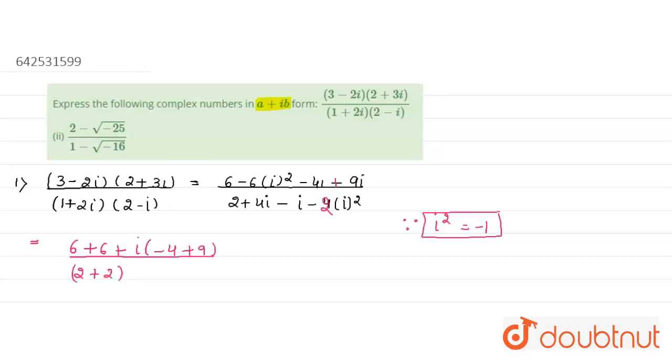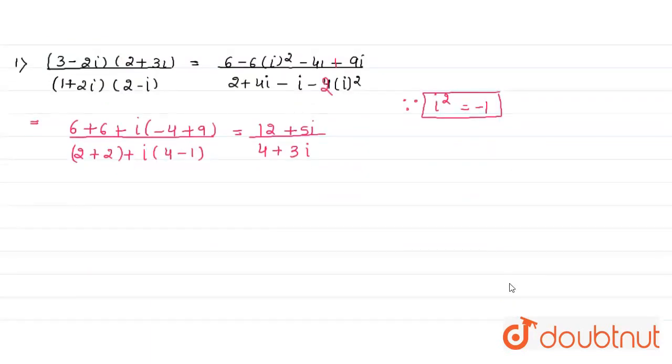And i common, so there is 4 minus 1. So let's simplify it further. 6 plus 6 is 12, and this is plus 5i, and 4 plus 3i.